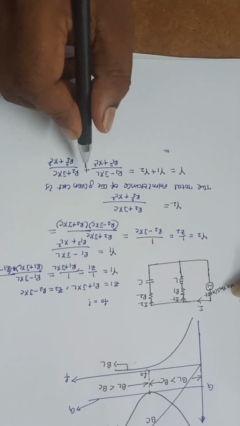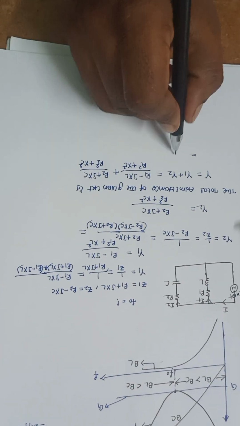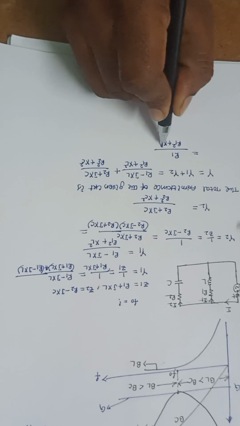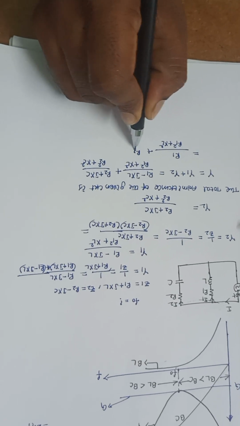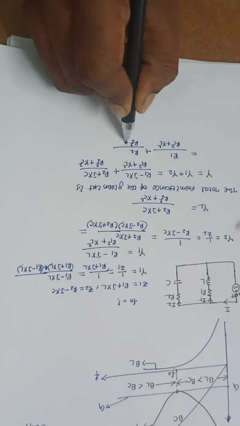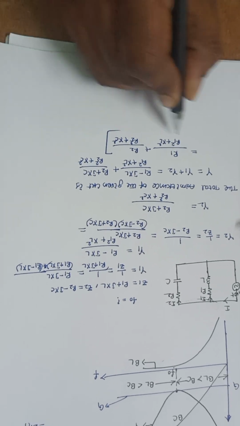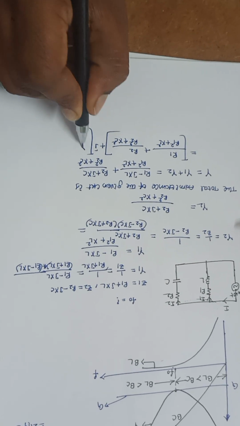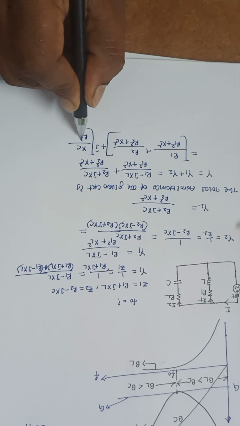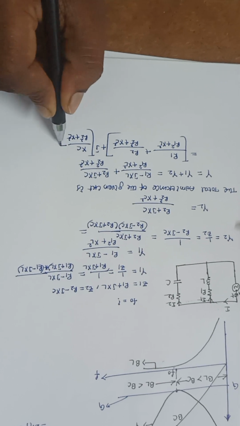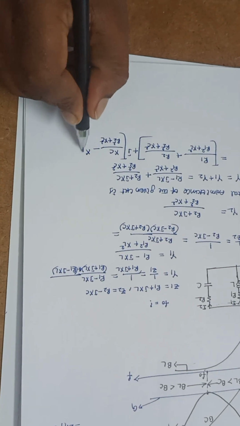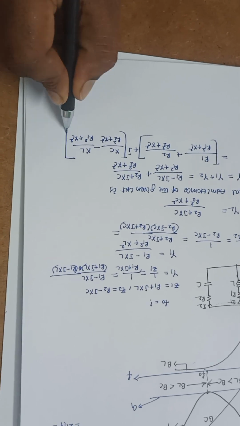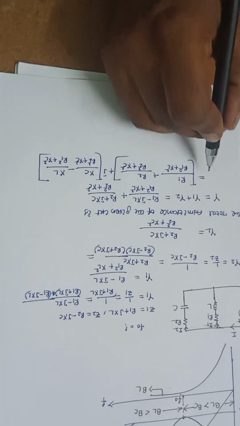And separate the real parts and imaginary parts. Here R1 divided by R1 square plus XL square plus R2 divided by R2 square plus XC square, this is the real part, plus J into XC divided by R2 square plus XC square minus XL divided by R1 square plus XL square. So this is the imaginary part.